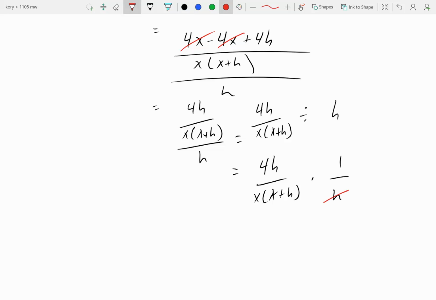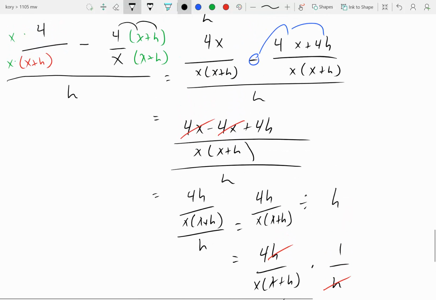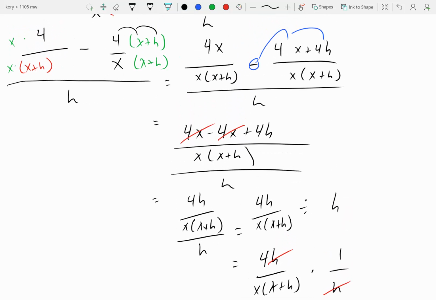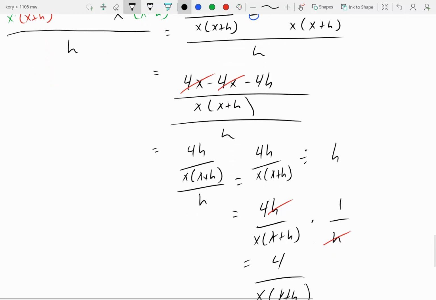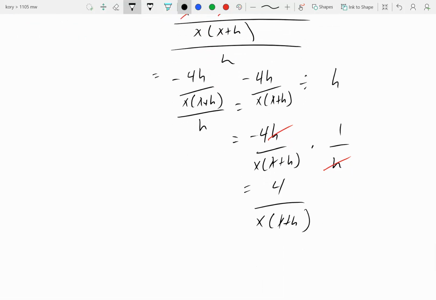We can cancel out the h's. So we have 4 times 1 is 4 over x times x plus h. Oh, I messed up. That is supposed to be a negative. When we distribute, that's supposed to be a negative 4h. So then we're left with negative 4h. So that's negative. And then that just becomes negative.